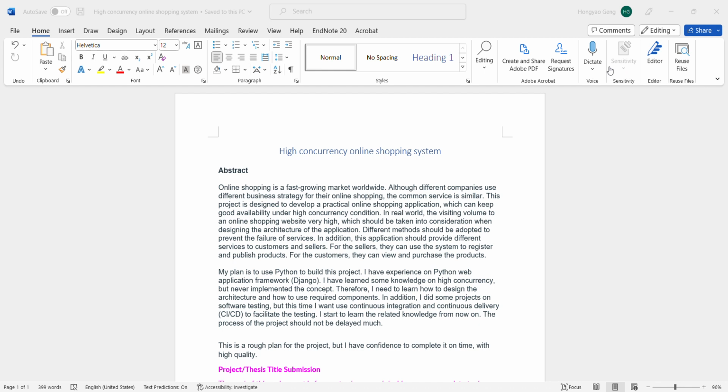If we click the market, we can find all the vendors are listed.